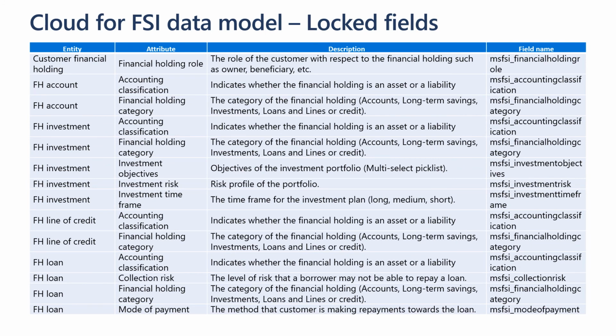In the next couple of slides, you can see the locked fields and their related entities. As an example, financial holding accounts contain an attribute called accounting classification, which is locked for modification.